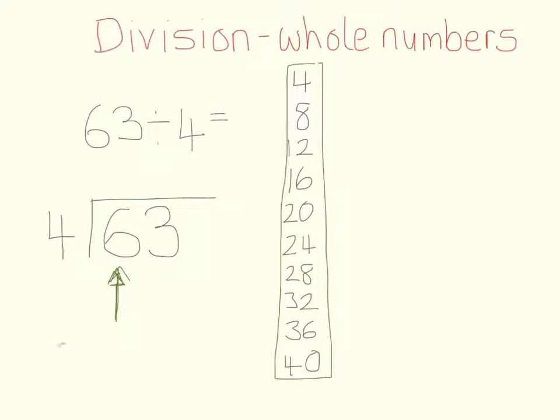So, 1, 2, 3, 4, 5, 6. If we divide it into a group of 4, there's 1, 2, 3, 4. There is one group, which is why 1 is written at the top there, but there are 2 left over, and those 2 get carried across to the next column.